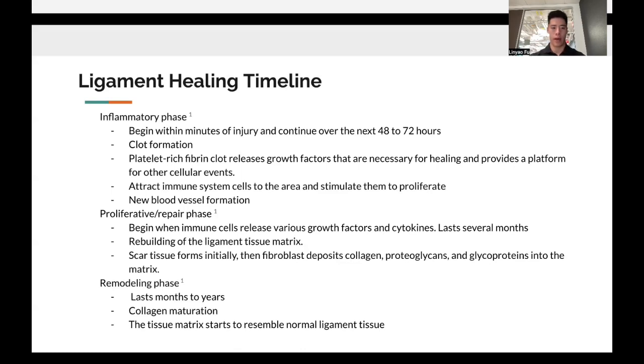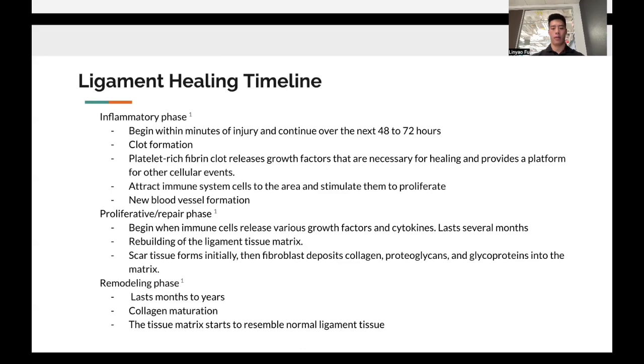After that, we have the proliferative/repair phase, and it begins when the immune cells release various growth factors and cytokines, which can last several months. The growth factors will help the rebuilding of the ligament tissue matrix.